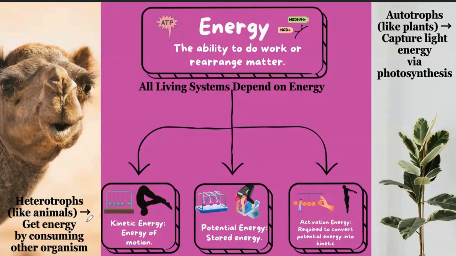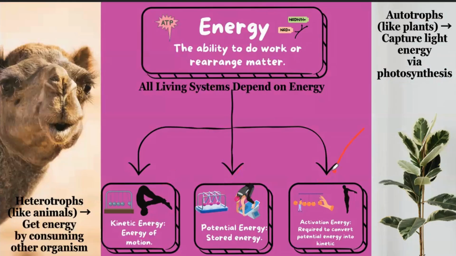What ends up happening is we consume our energy from other organisms, or if you think about it, we can eat meats or we can eat plants, and that's where we get our energy, and therefore we're called heterotrophs. In opposite, there are things like plants that are called autotrophs, and they lay out and capture the sun's energy via photosynthesis. Now, there are three main forms of energy: kinetic, potential, and activation energy.